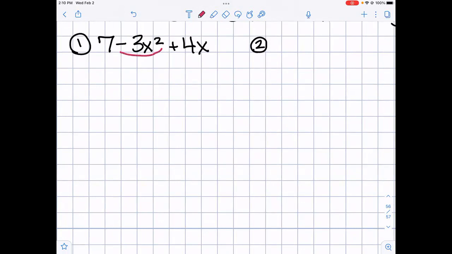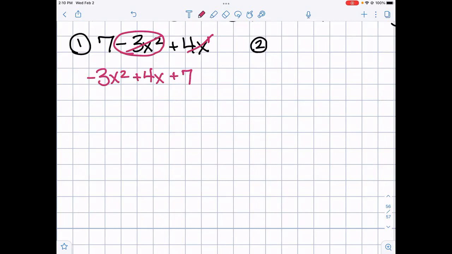So we're going to write this down first. Okay, what's the next highest degree? The 4x, right? Because this is a 1. So you put plus 4x. What's the only thing that's left? 7, and it's positive 7, so you put plus 7.